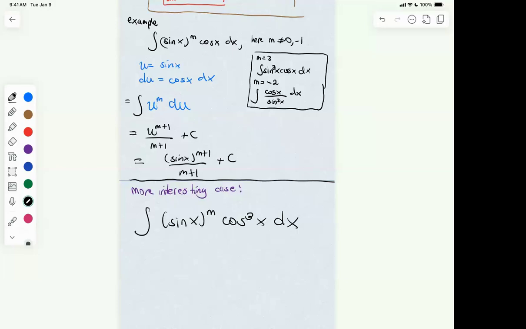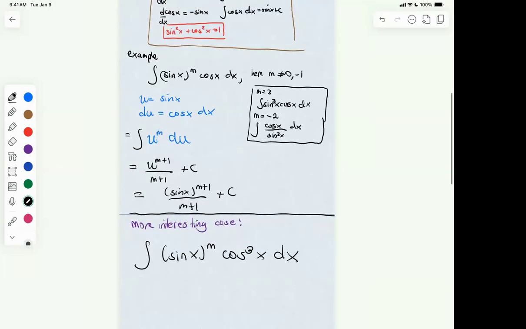And so the idea here, which is why I mentioned this identity, is that the sine and cosine are related through their squares. So every instance of cosine squared can be replaced in terms of sine, and that fixes the problem. That works as long as one of the powers is odd.